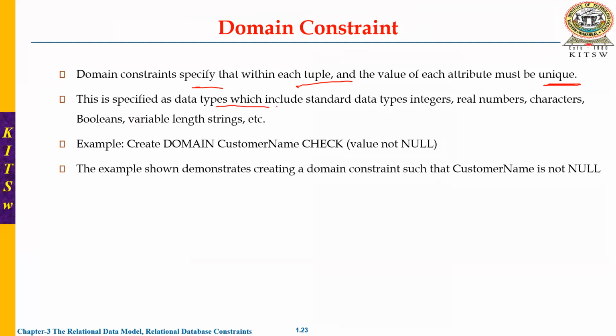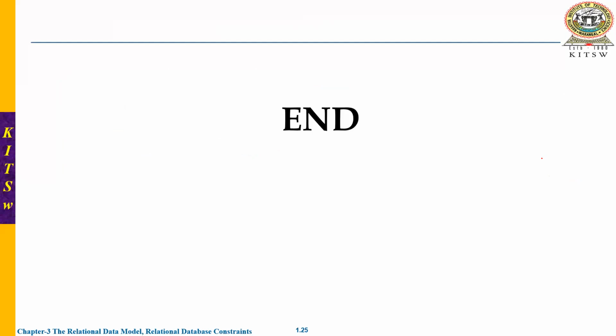This specifies the data type, which includes the standard data types: integer, real number, characters, Boolean values, etc. For example, create domain customer name check value should not be null. This example demonstrates creating a domain such that customer name is not null, it is mandatory.